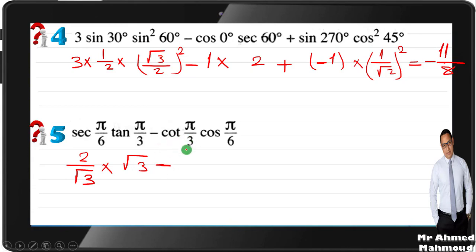For cotan, you write in the calculator 1 over tan 60, which equals 1 over root 3, times cosine pi over 6, which is 30. Cosine 30 equals root 3 over 2. So finally this one equals 3 over 2.